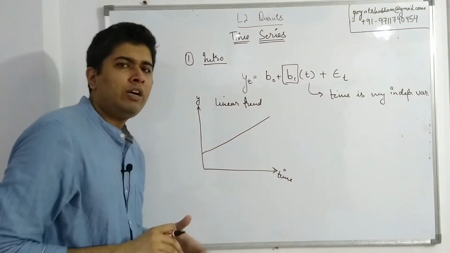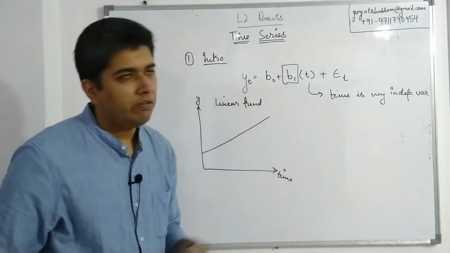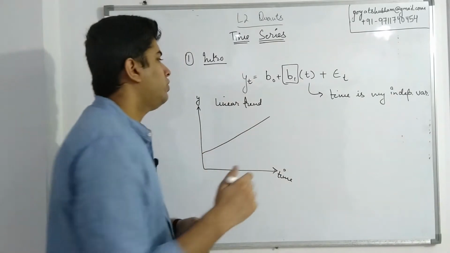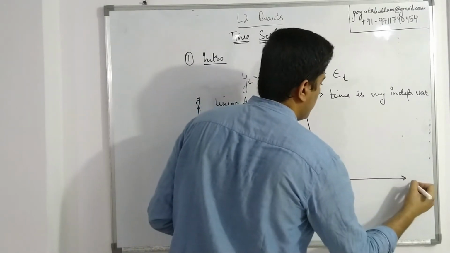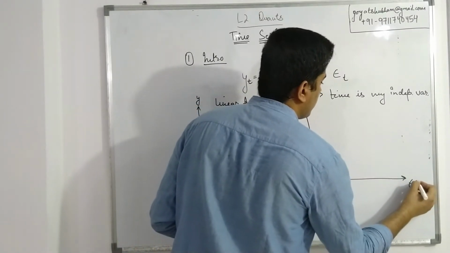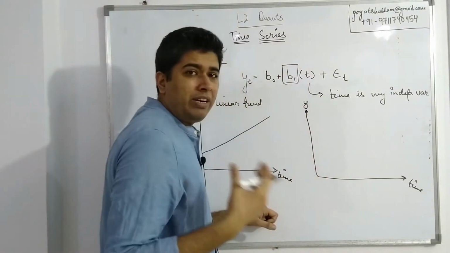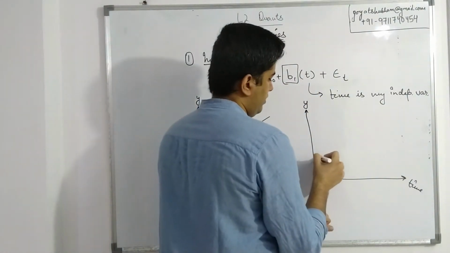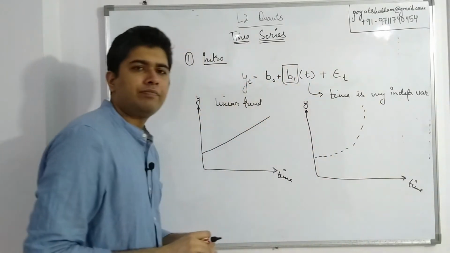Now in the real world, it is not always going to be true that my trend is linear. We also have a case where my trend is something like this.